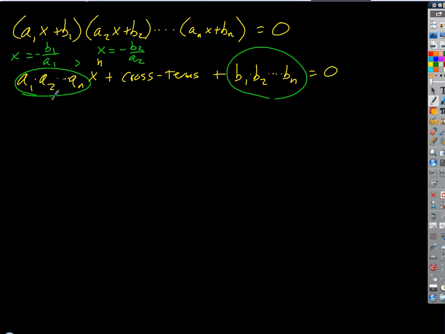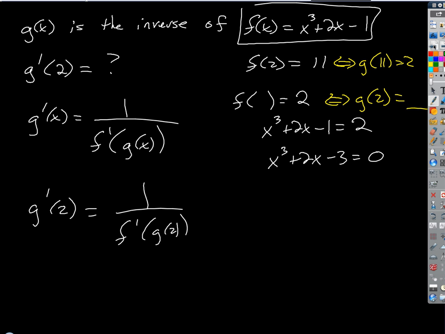Get it? So if we go back to this problem here, if I want to find all of the rational zeros of this, then the set of possible rational values of x is going to consist of factors of the constant divided by factors of the leading coefficient, plus or minus.